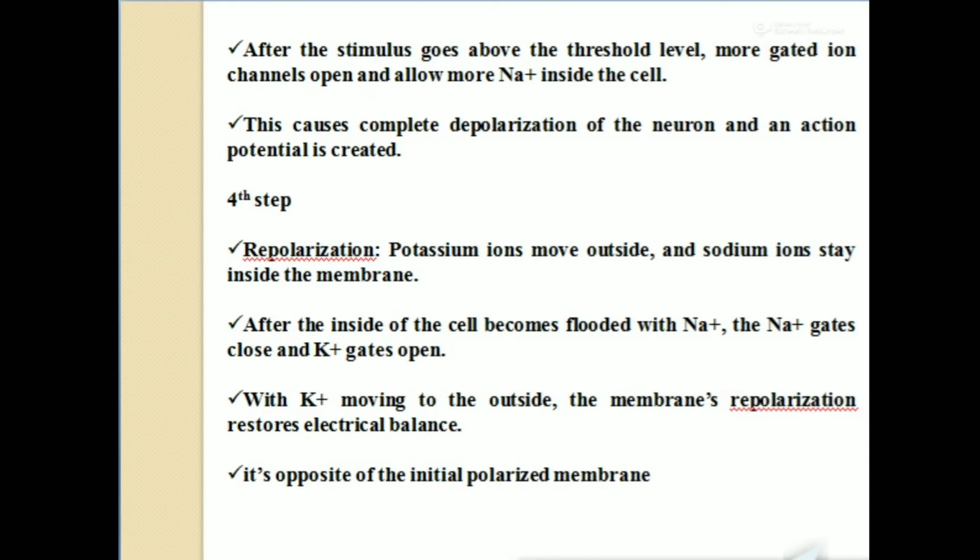So potassium ions move outside and sodium ions stay inside the membrane. After the inside of the cell becomes flooded with sodium ions, sodium gets closed and potassium gets open. With potassium moving to the outside, the membrane repolarization restores the electric balance. It is the opposite of the initial polarized membrane.